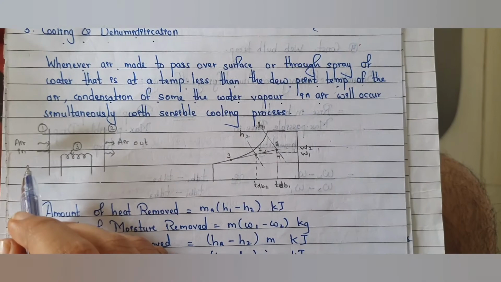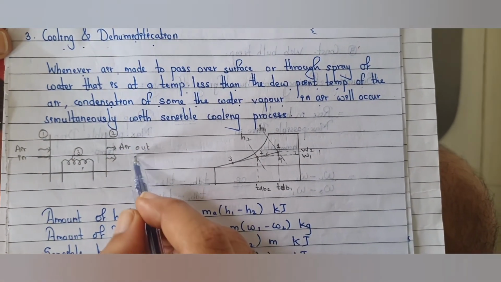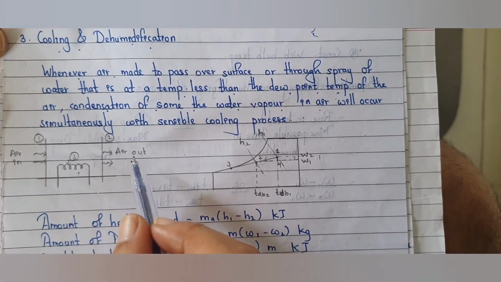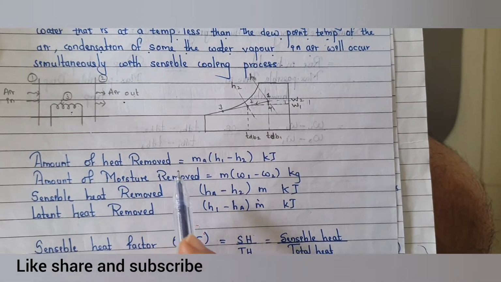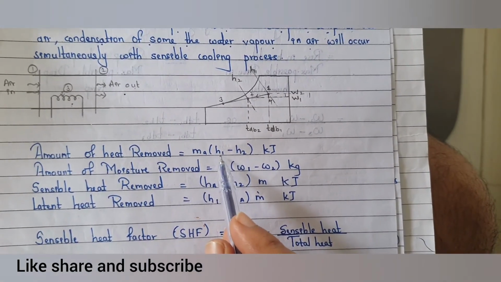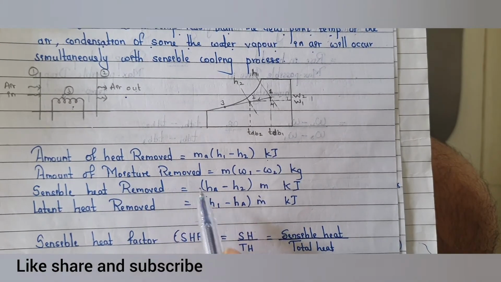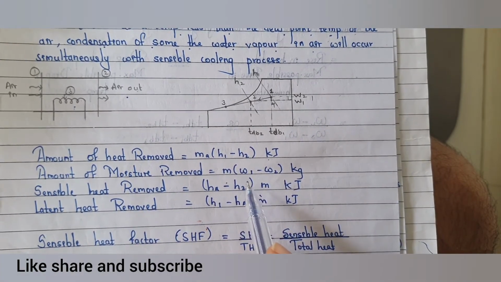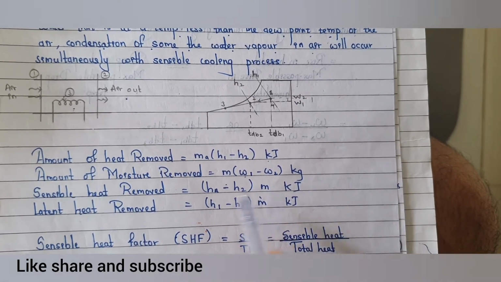Here inlet temperature is greater than outlet temperature, and when air outlet is there the temperature will be reduced, and the amount of heat removed will be given as m times H1 minus H2 kilojoule, and the amount of moisture removed is equal to m into W1 minus W2 kg.